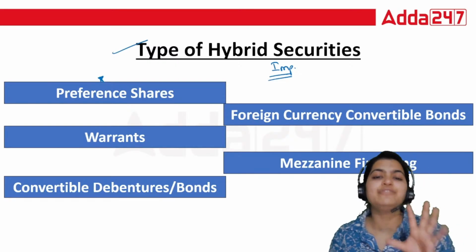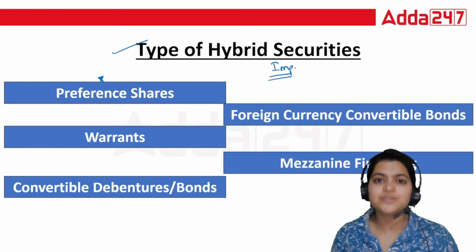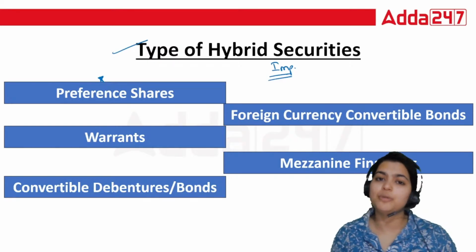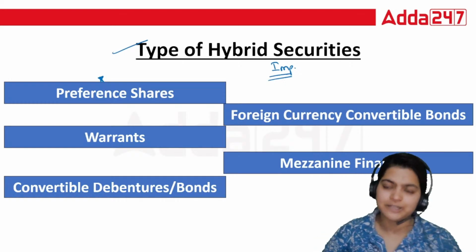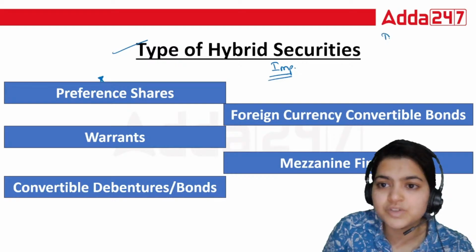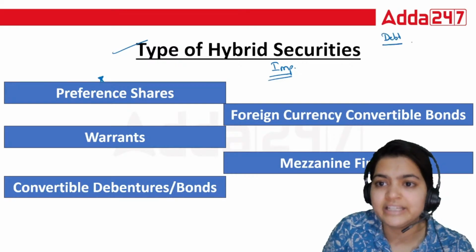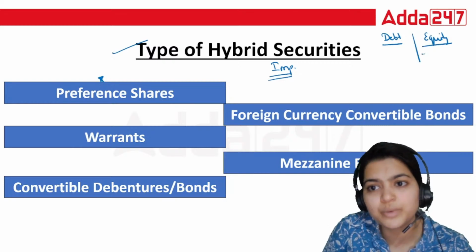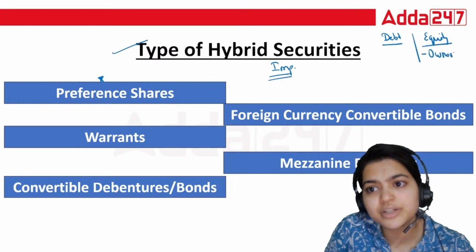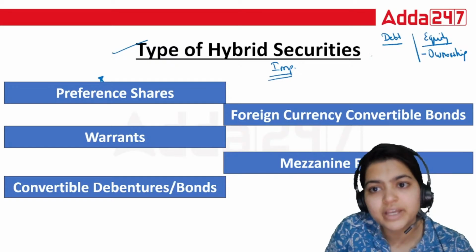So there are five types of hybrid securities. Hybrid means here you will see the combination, you will see the features of both the things, equity as well as debt. Before we proceed, let me quickly give you the difference between debt and equity. In equity, you are giving ownership, yes or no? In debt, no ownership you are providing.